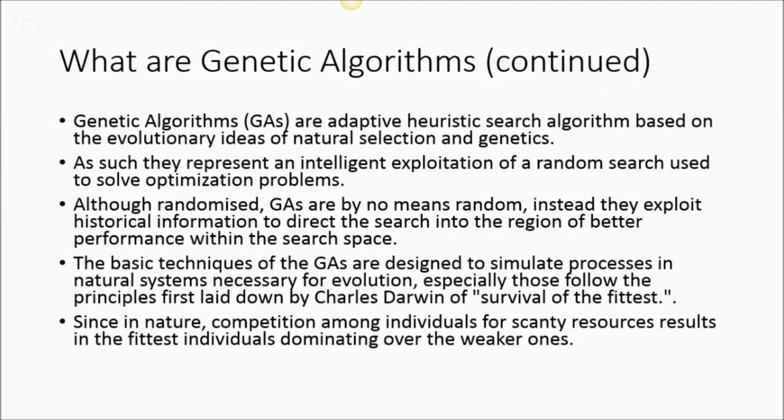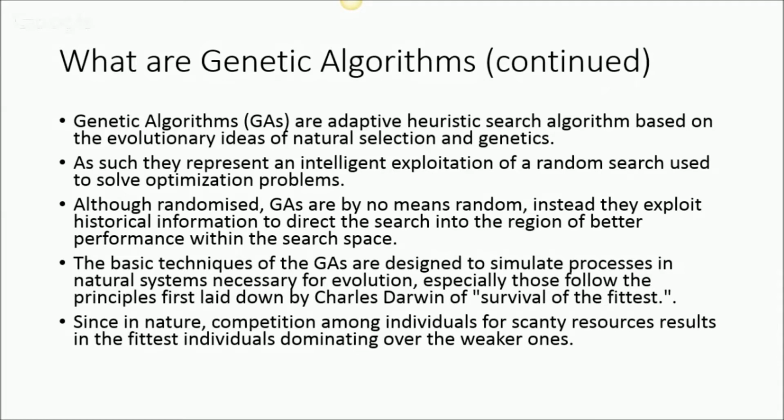Genetic algorithms are basically adaptive heuristic search algorithms. There's lots of other heuristic search algorithms out there, but these are based in the ideas of natural selection and genetics. As such, they represent an intelligent exploitation of random search used to solve optimization problems. Although randomized, genetic algorithms are by no means random.